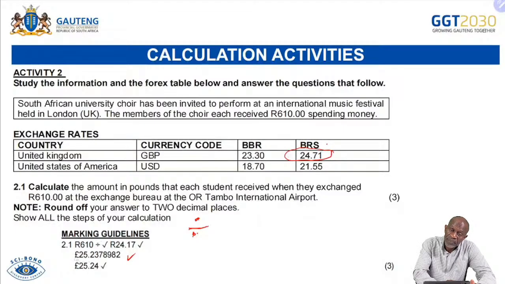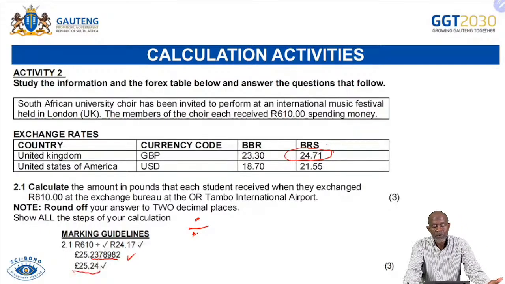From your calculator, you'll get 25.237898 British pounds. This has to be rounded to 2 decimal places, and we look at the third number, it's greater than 5, which means we take 1 and add it to the next digit, and it becomes 25.24.